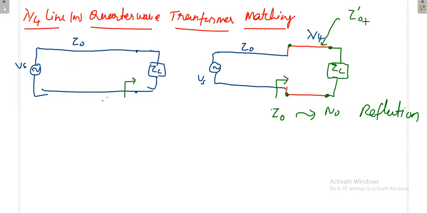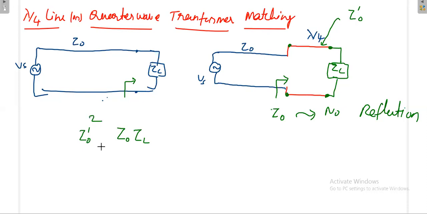What should be the value of the characteristic impedance of the transmission line to get this Z0 here? Simply assume that you don't know the characteristic impedance of the transmission line; let me take it as Z0 dash. But one thing you know: if this is Z0 and this is ZL, the product of the impedance present here and the impedance present here is equal to the square of the characteristic impedance of the line.